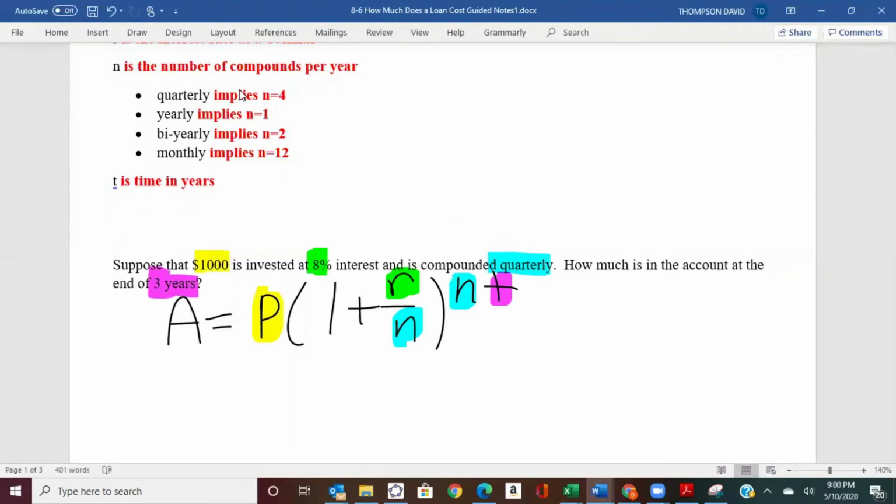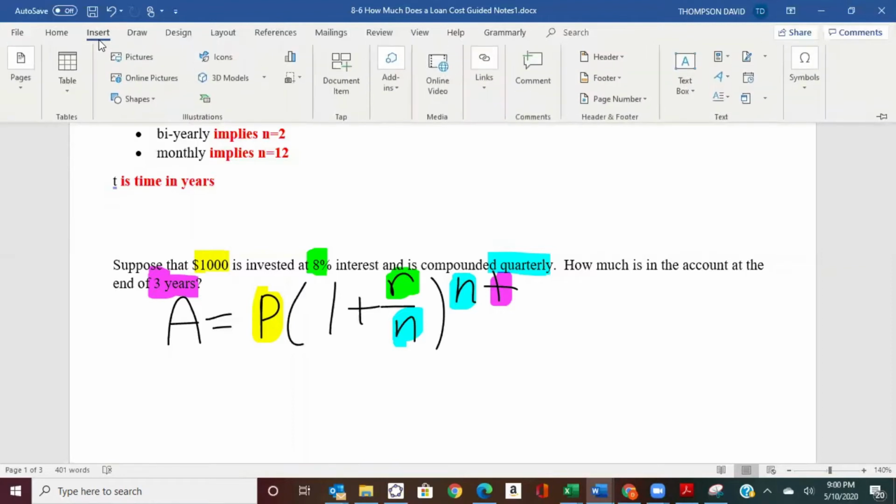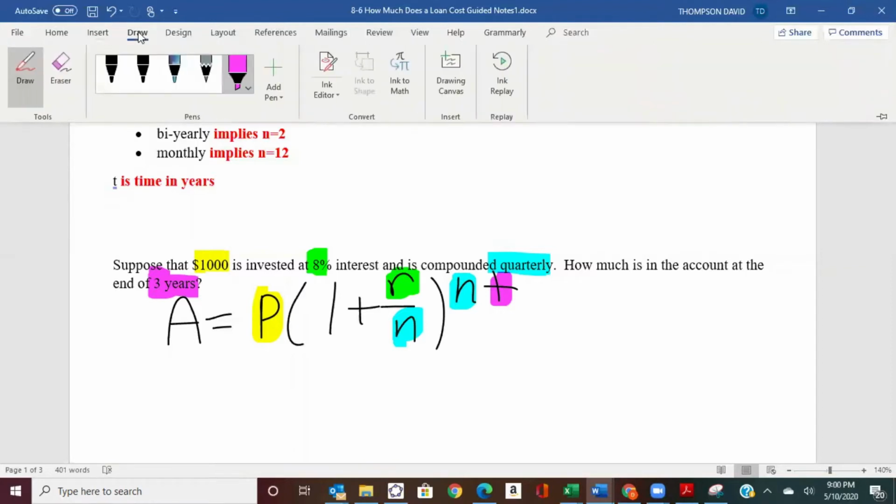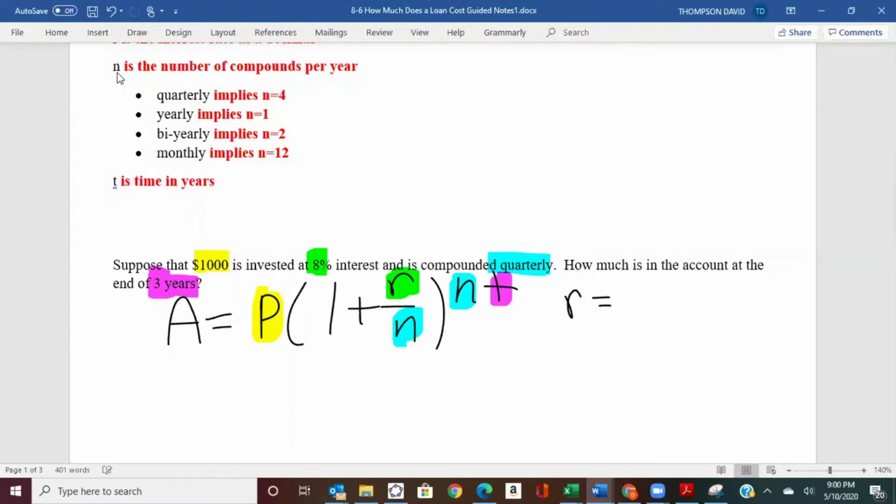So now I just plug everything in. First thing I need to do is convert that 8% into a decimal. So that's going to be r equals 8 divided by 100, which is just 0.08.